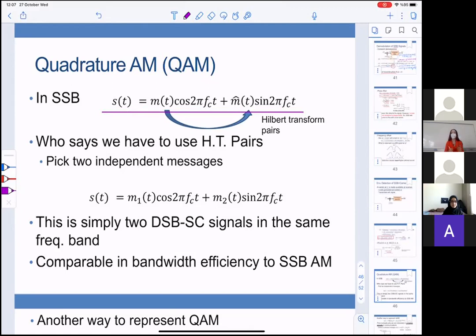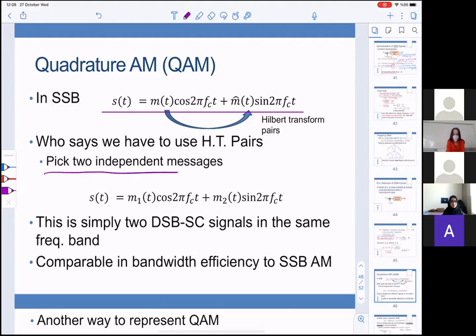Now, you know that the cosine and sine are orthogonal, right? Basically, their inner product is 0. Now, the idea is, if we are taking m of t and its Hilbert transform and multiplying by orthogonal carriers, who says we need to use Hilbert transform pairs?